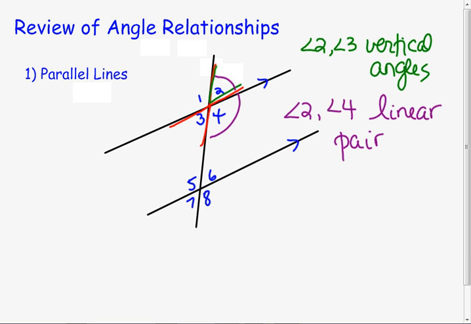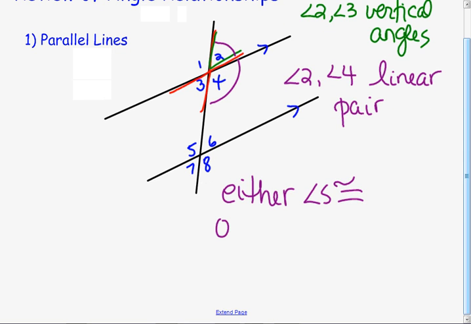Here's the thing, Zach, about lines that are cut, parallel lines cut by a transversal. Either the angles are congruent or they're supplementary, which means they add to 180. So we're going to write that down. So either the angles are congruent. I would like to use the word supplementary, but I think in parentheses, I'll put sum equals 180.